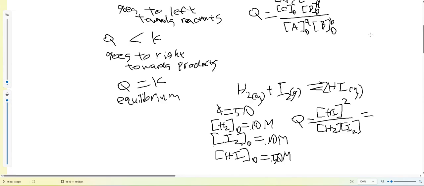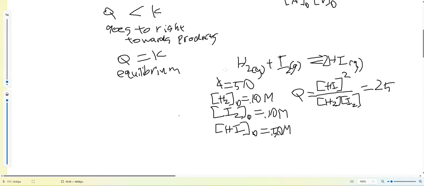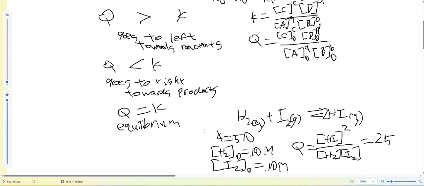So we have that Q equals 25, which means that Q is less than K, which means that the system is not at equilibrium. So this means that if we go to our little chart here, Q is less than K, so it goes to the right towards the products, which means that more HI will be created.